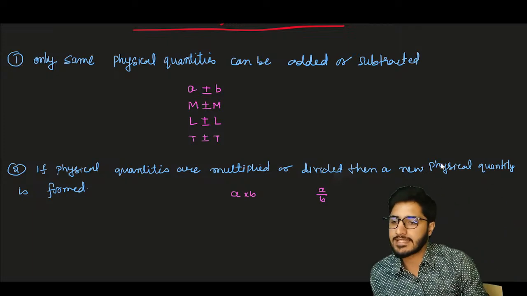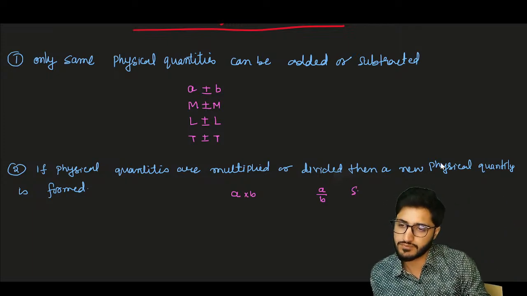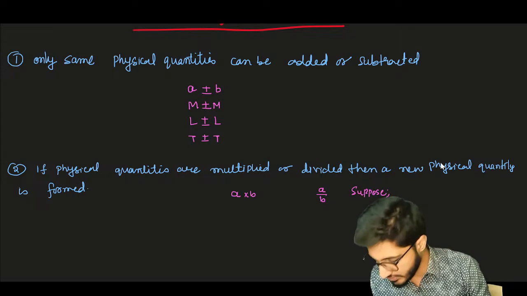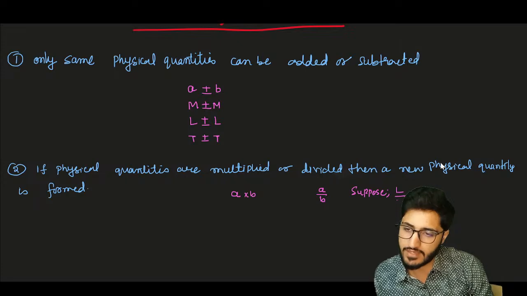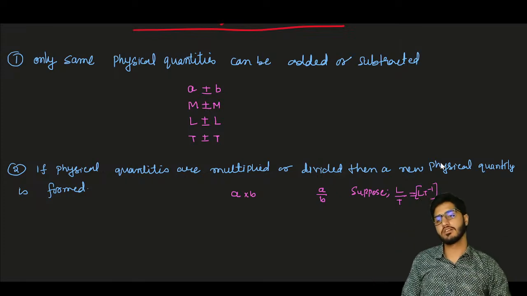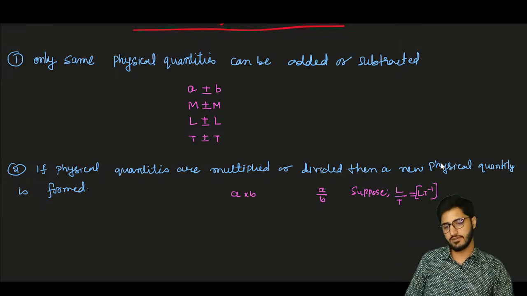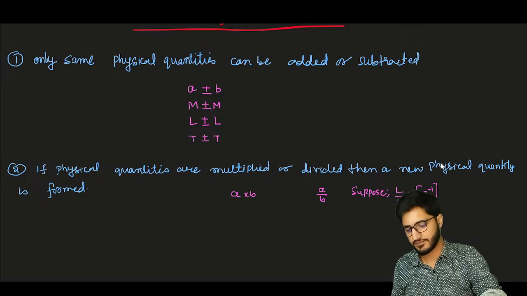Let us take an example. Suppose we are having length and time. So we got a quantity known as length per time. It will be a different quantity. It is speed or velocity.